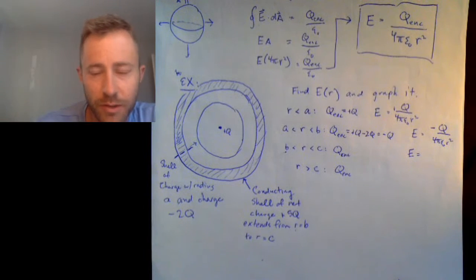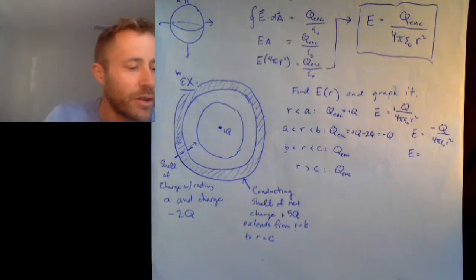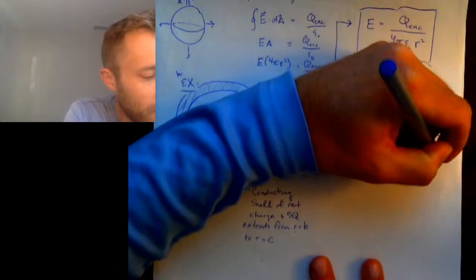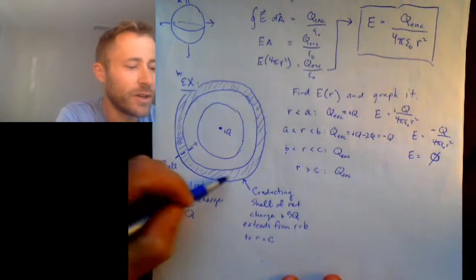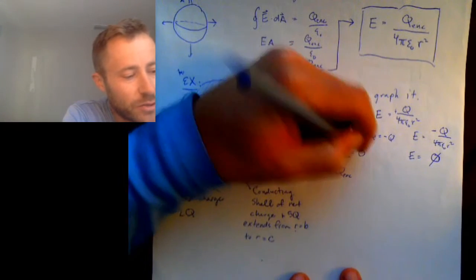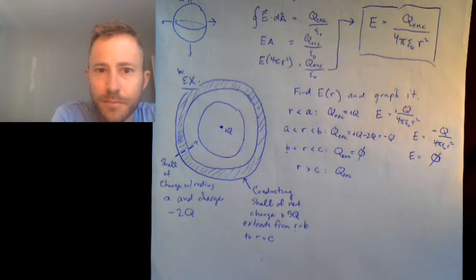I pre-recorded the lesson, and I talked about how inside a conductor, the electric field is always 0. Okay, so the electric field is 0 inside a conductor. So therefore, that means that the charge enclosed would also have to be 0.